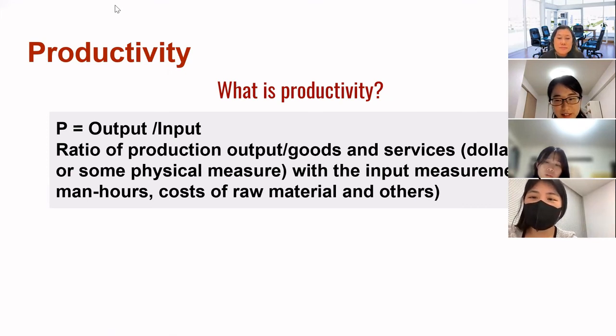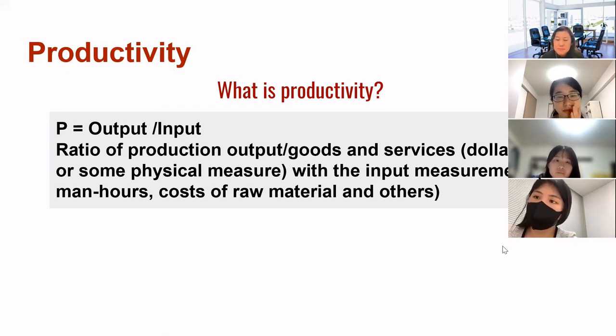In a company, I have to think about my investment. Return on investment, that is a finance indicator, but this is an operations indicator, performance. So the ratio of production output, or goods and services, divided by input.